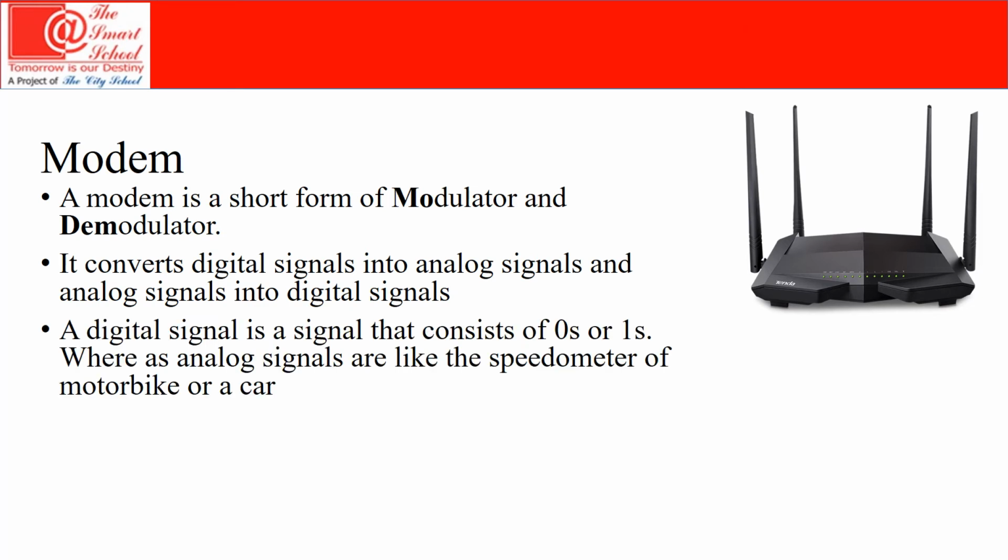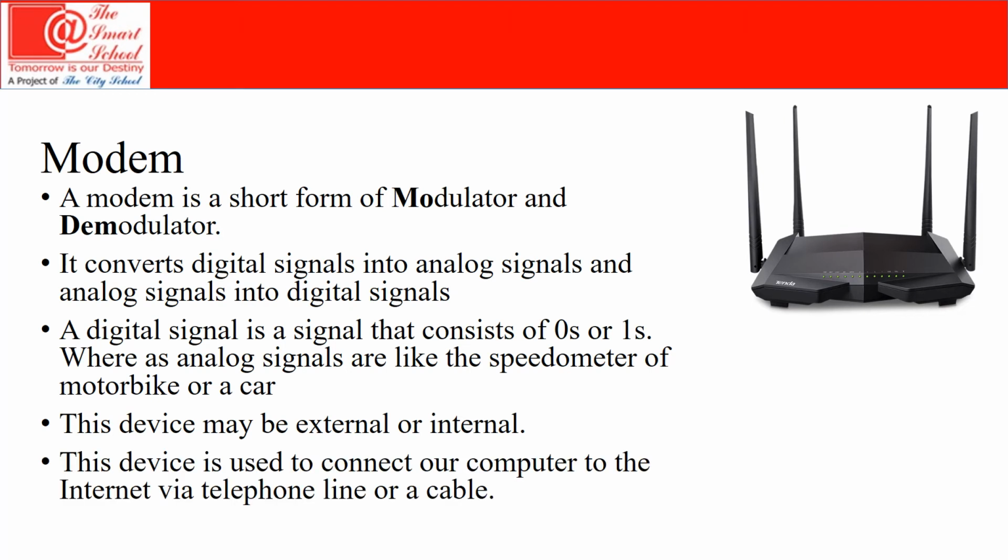A digital signal consists of zeros and ones, as we have already seen, whereas analog signals are like the speedometer of a motorbike or a car, as we have already discussed. This device may be external or internal. This device is used to connect our computer to the internet via telephone line or a cable.